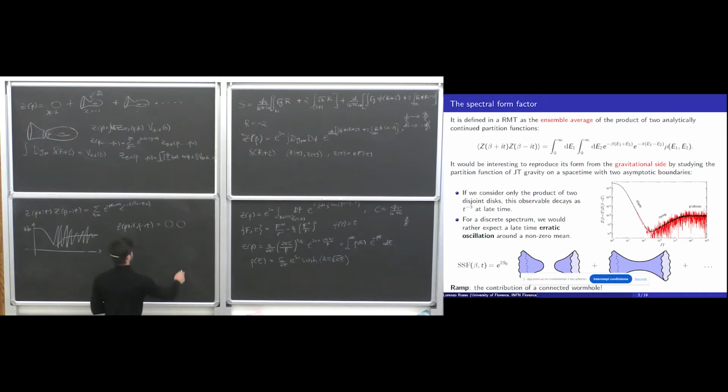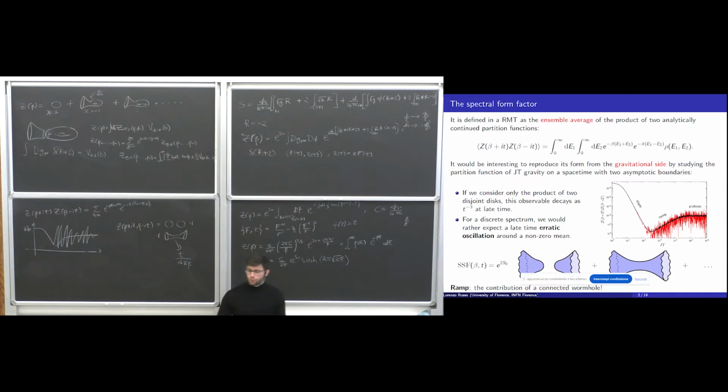For example, connected geometries, such as the one with the topology of the cylinder, help us to recover the ramp contribution. This has a behavior that goes like t over 4 pi beta for late times.